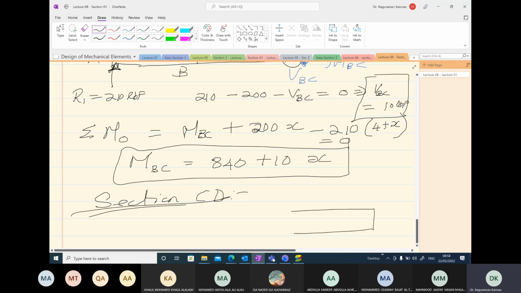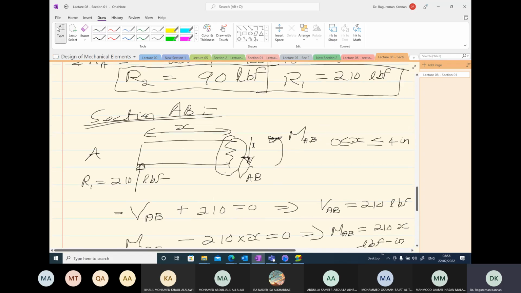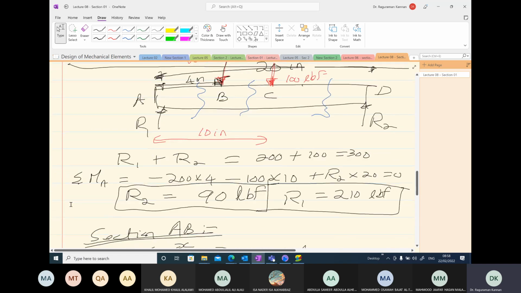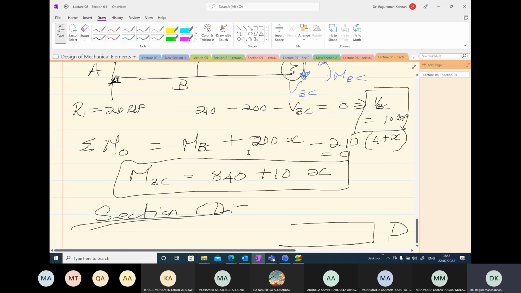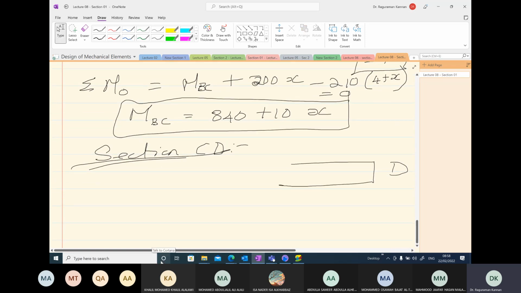Draw the free body diagram from the right end instead of the left end. Point D. We know at point D, the reaction force is R2. R2 is 90 pound force. Take a section, represent the reaction forces, but this is some arbitrary distance x.